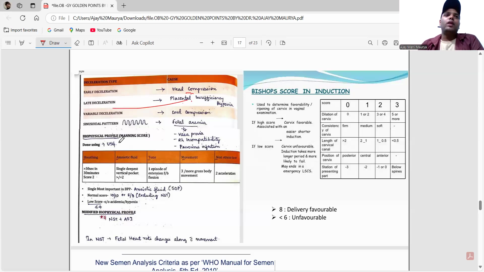What is included in the Manning score: breathing, amniotic fluid, tone, movement, and the non-stress test. Now please remember there is a modified biophysical profile, which is the non-stress test and the AFI.